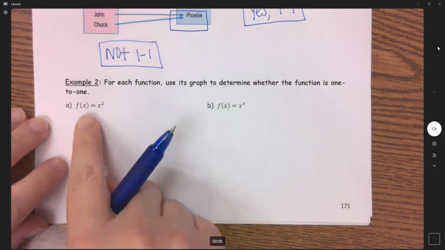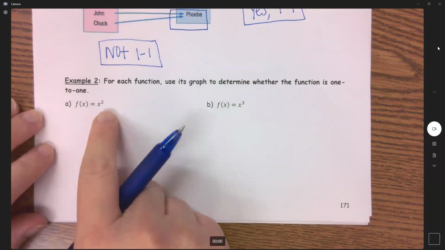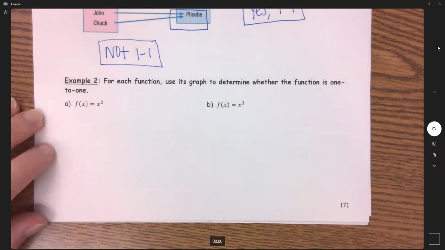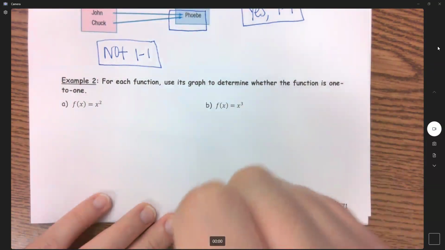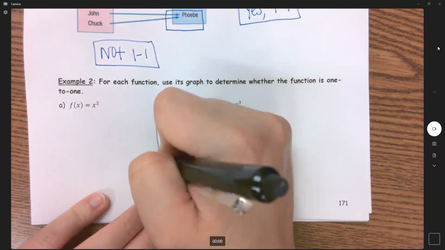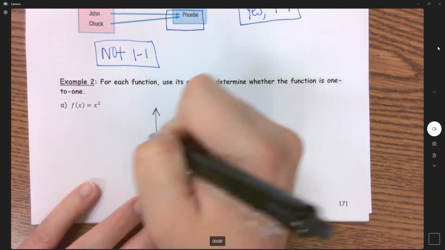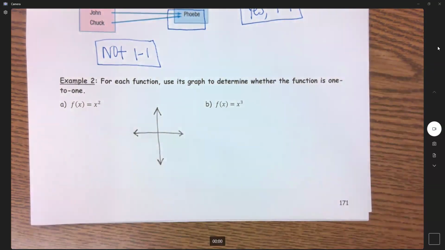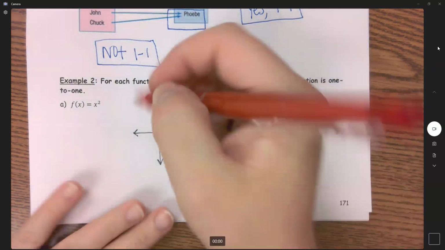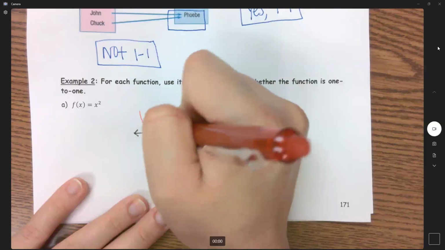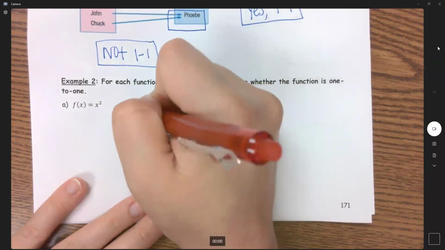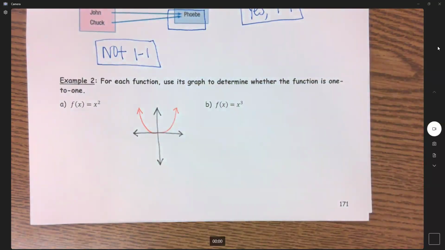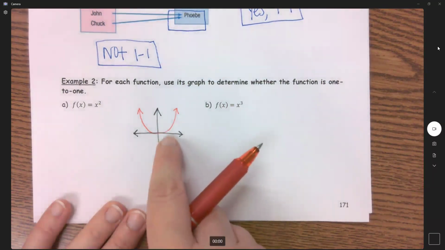Okay. So the first one we have is f of x equals x squared. So if I was to roughly sketch its graph, hopefully we know that that is a parabola. And that shouldn't look as flat as mine does.